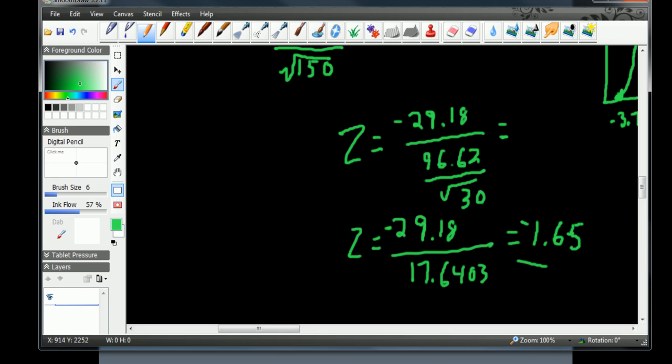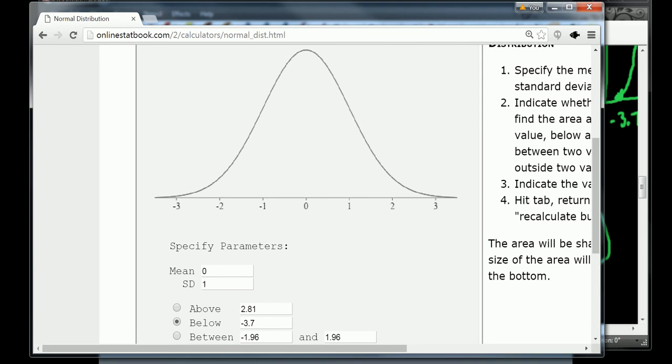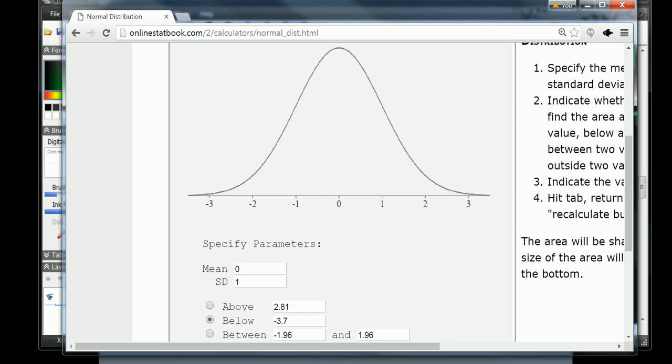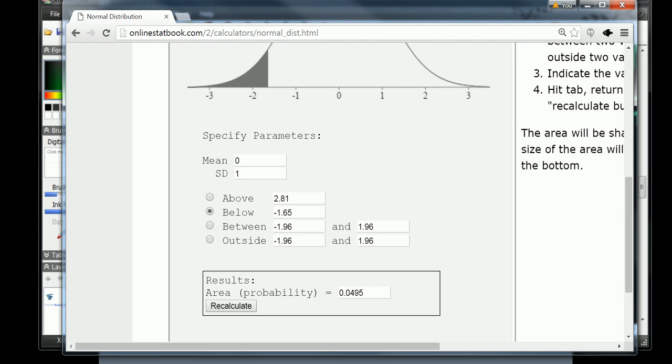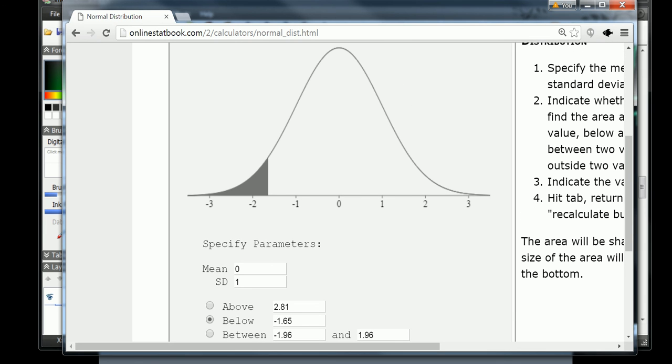So now our z value is negative 1.65, which is likely going to be a lot more probable than the last one we entered, right? So we want below negative 1.65, and we recalculate, and we find that that would happen about 5% of the time under the null hypothesis.